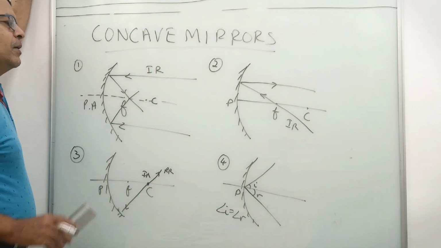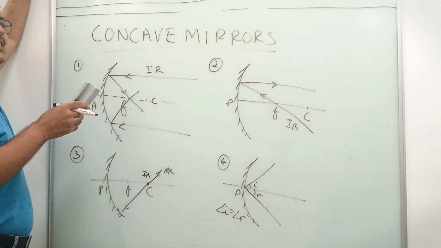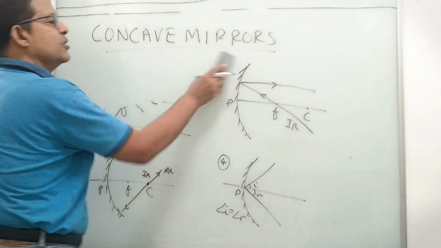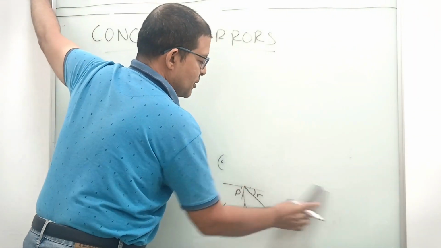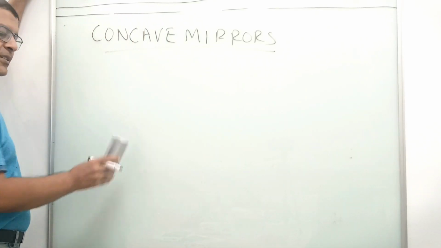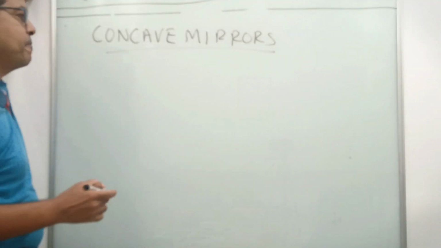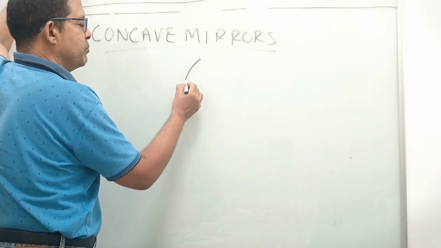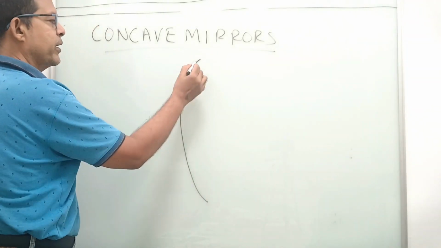Now, basis the 4 rules, we will see the image formation. And we are going to see the image formation in a very, very quick way. Okay, I'm going to generalize it. So you have this concave mirror here, a very big concave mirror.